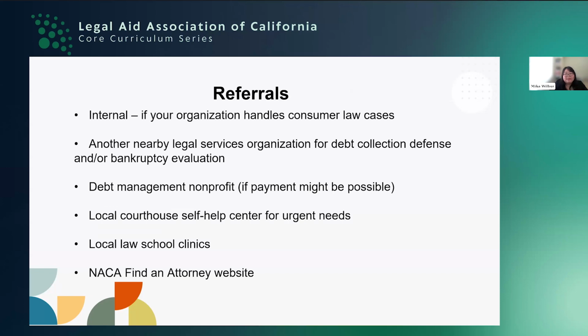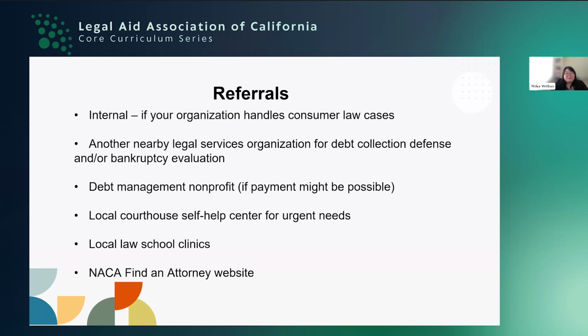And then referrals. So we've talked about when you should send people over. Here's where you can send people. Sometimes your organization will have a consumer law team. If that's the case, you can just make an internal referral. If your organization doesn't have one, you can try another nearby legal services organization, a debt management nonprofit.